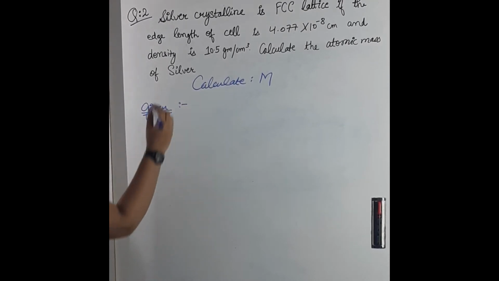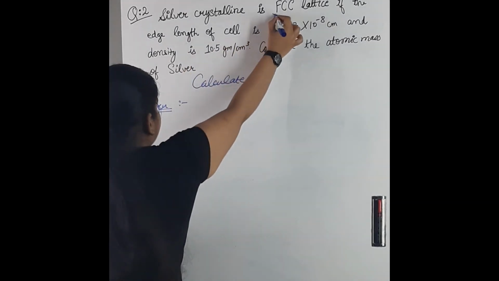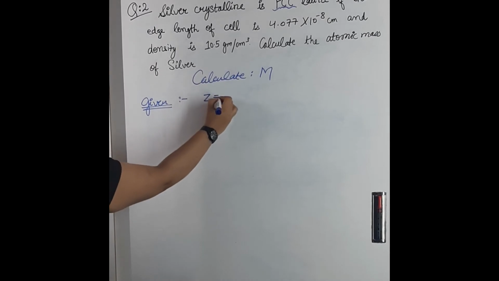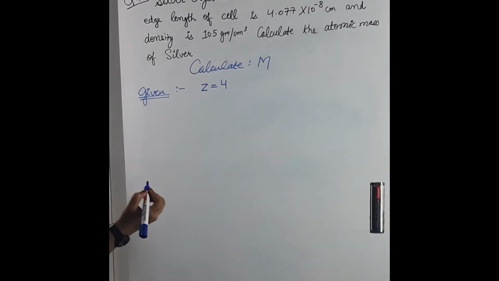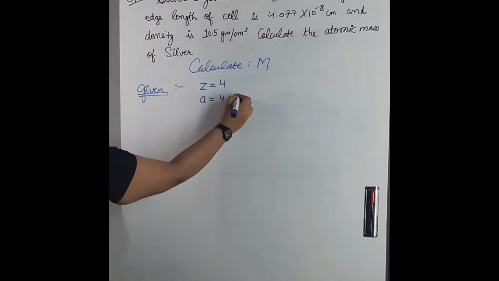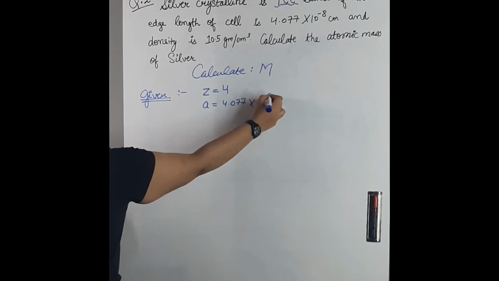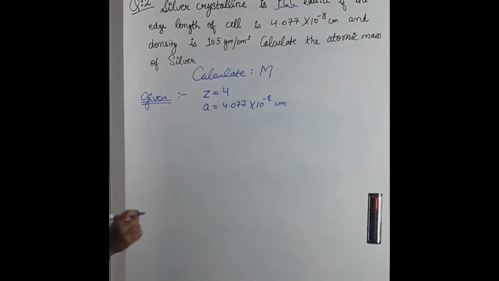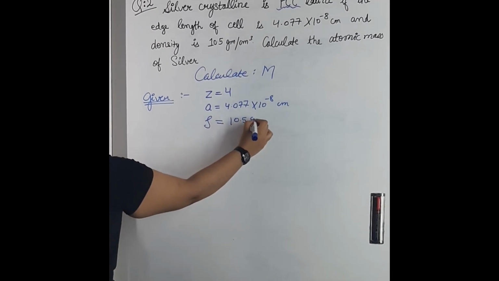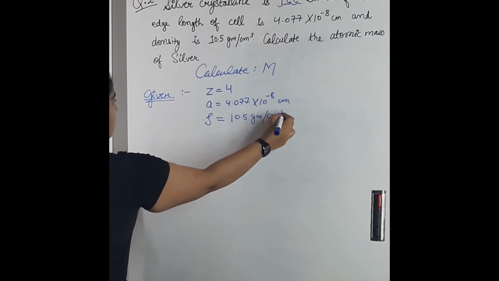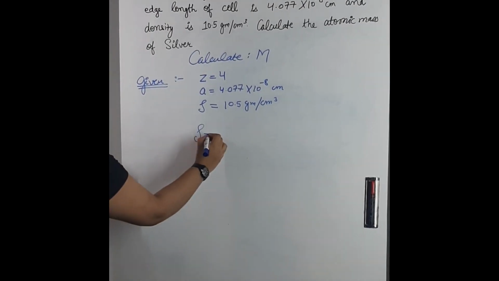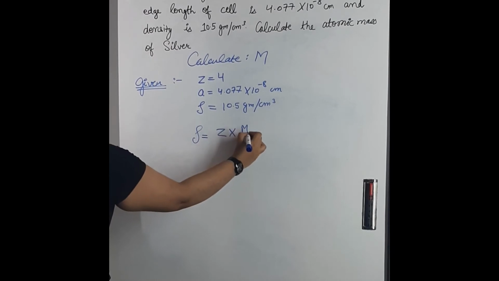face centered lattice. So here you came to know that the value of Z is 4 in the face centered system as we have discussed, and the edge length a is 4.077 into 10 raised to power minus 8 centimeter, this is given in centimeter only, and the density is 10.5 gram per centimeter cube, and you have to calculate atomic mass. So use the formula, rho is equal to Z multiplied by m upon Na.